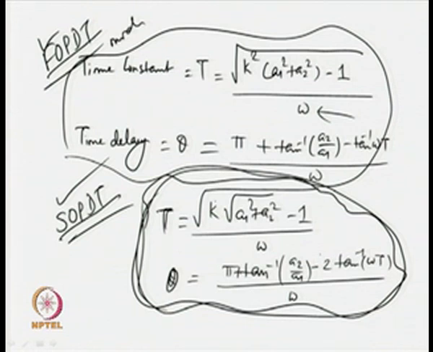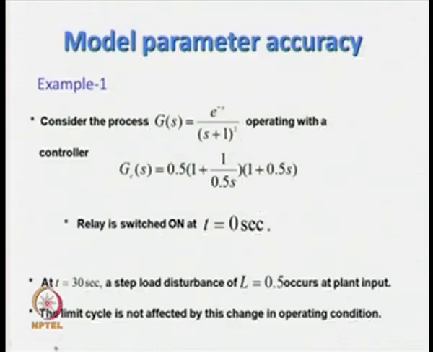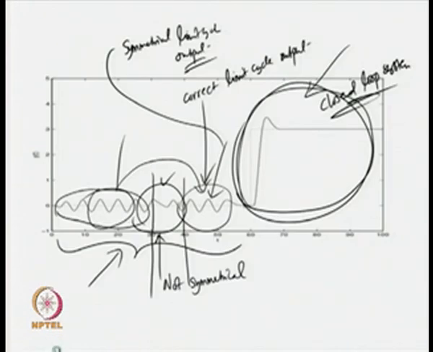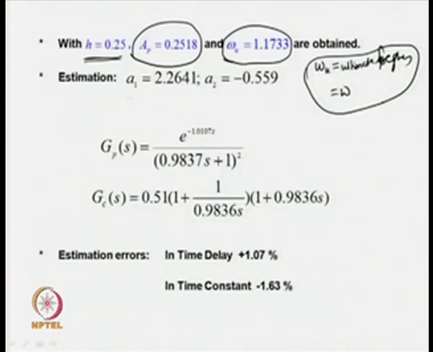Now, K is found by some other technique or assumed to be known, and then a 1, a 2 are estimated, and when you substitute all those values, you get the estimated values for T and theta for the second order plus dead time transfer function model. So, thus the values are estimated. So, what is the T we obtain?